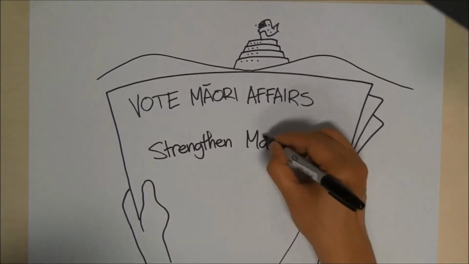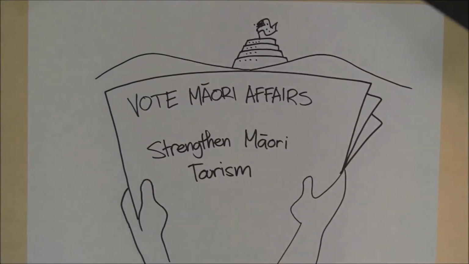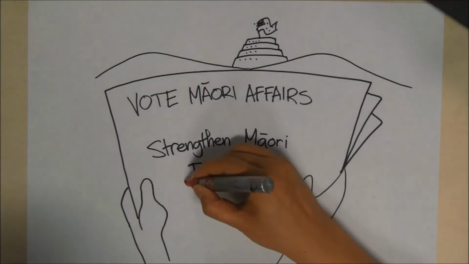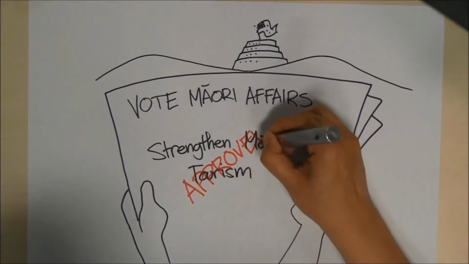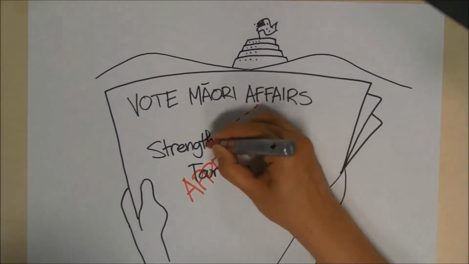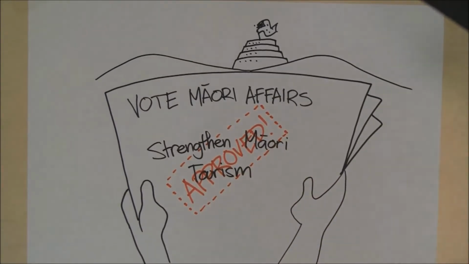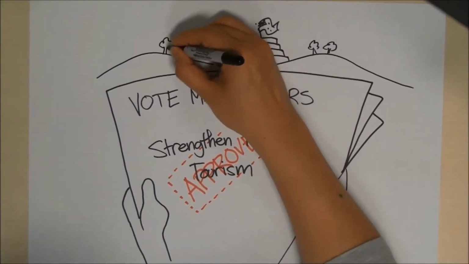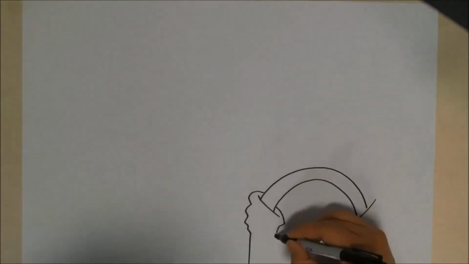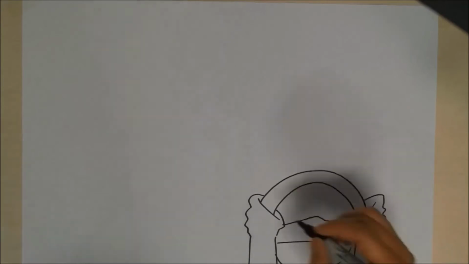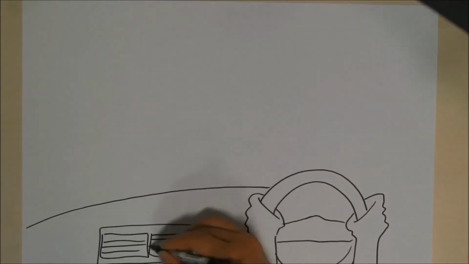The Māori tourism sector was identified as a huge area of potential for achieving these aims. So back in 2010, Cabinet approved a budget to strengthen the sector. New Zealand Māori tourism was charged with developing and implementing this initiative, with the ultimate aim being to lift the Māori contribution to the New Zealand economy and to improve quality of life for Māori.